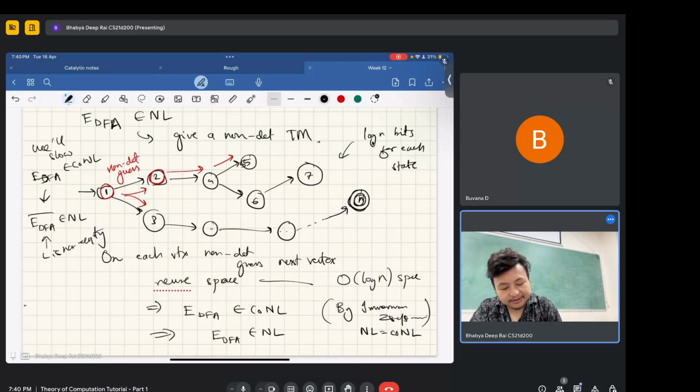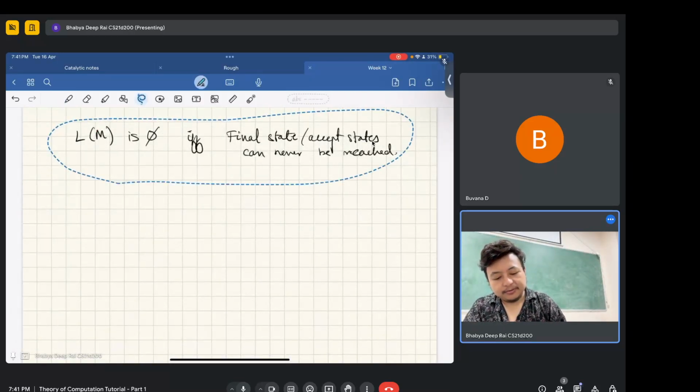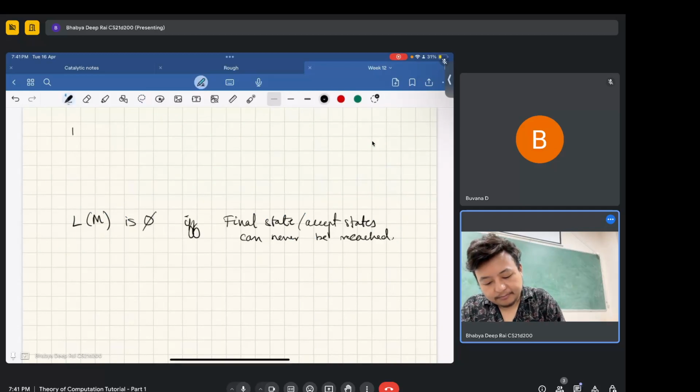This was because EDFA complement is in NL. Now we've proved that EDFA is in NL. We need to show EDFA is NL hard.